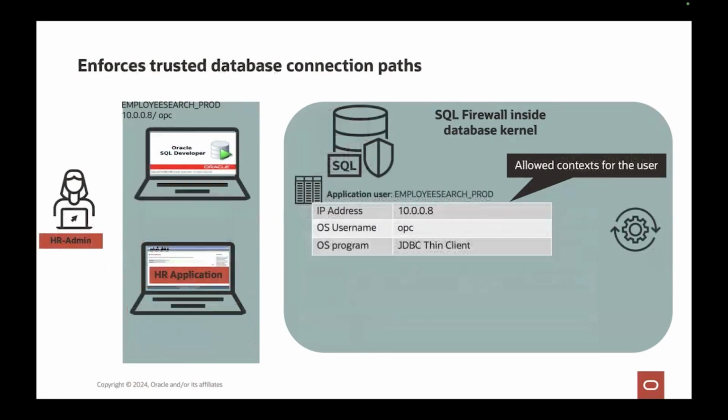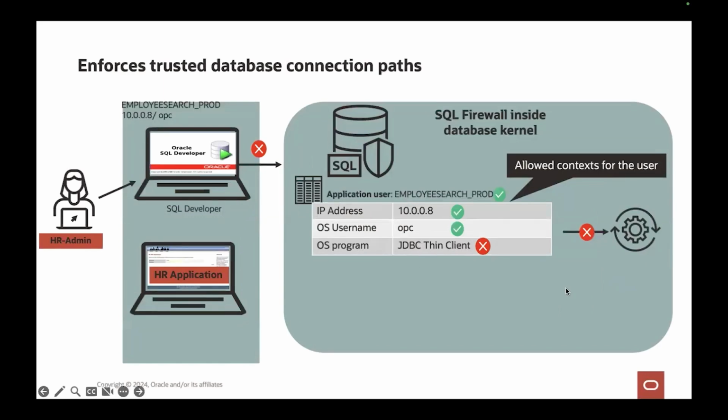Similarly, for enforcing trusted database connection paths, the allow list also has the session context attributes like IP address, the OS username, and program. We have 3 today, and we plan to extend that in the future. So if it's from a known path, we allow it for execution. If it is from an unknown path that is not configured in the allow list, it would be blocked from execution.